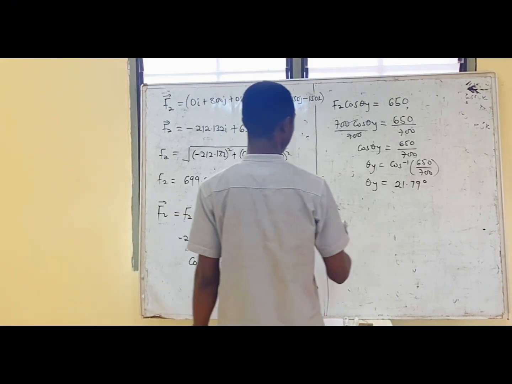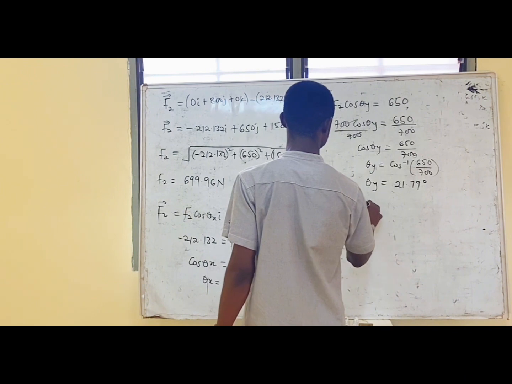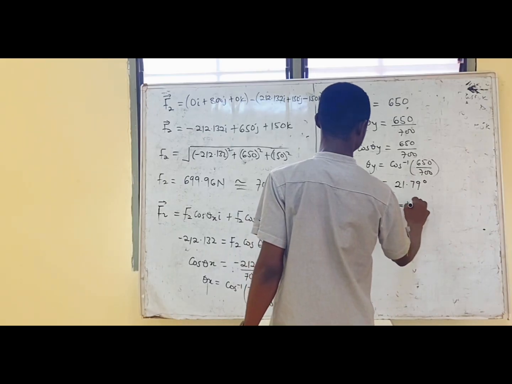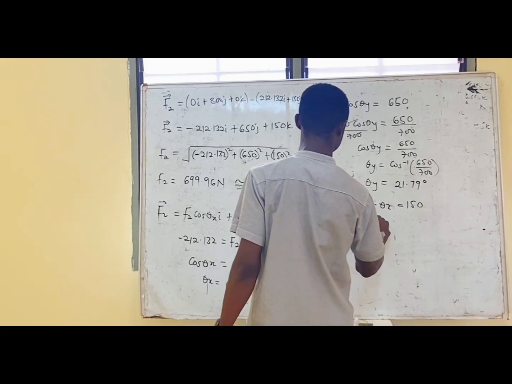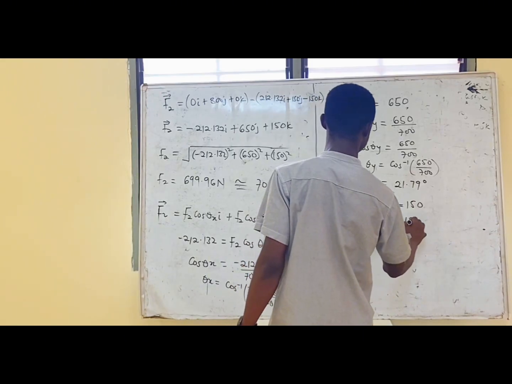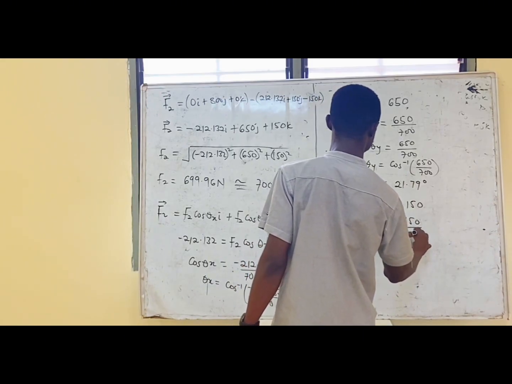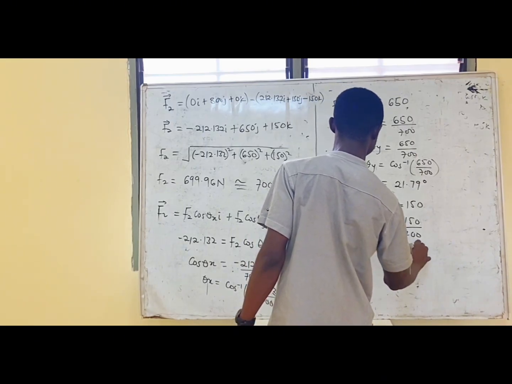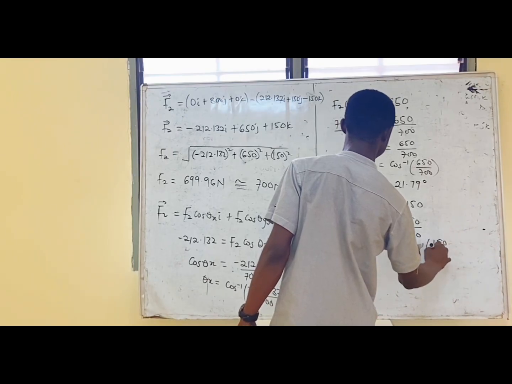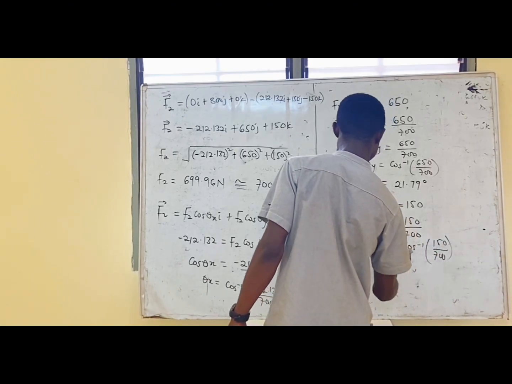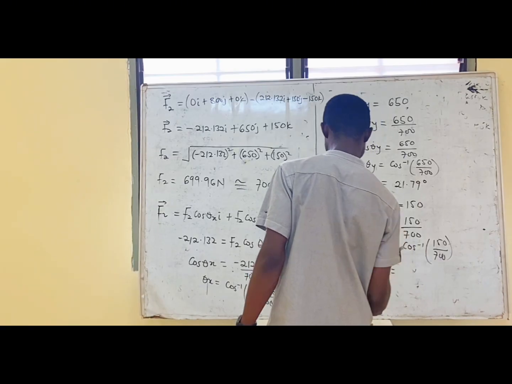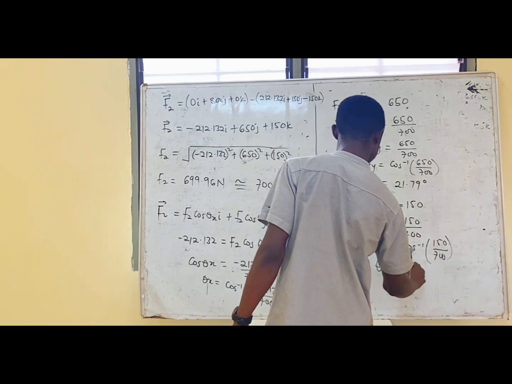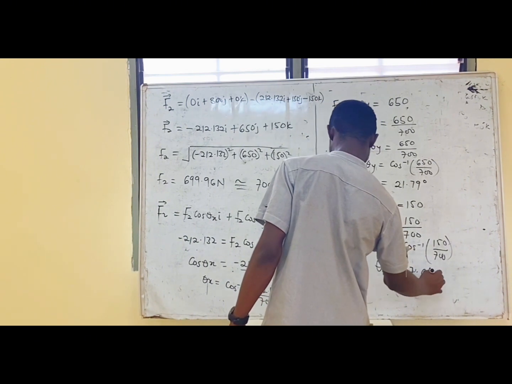So let's solve for our theta z. Comparing again, we'll get 700 cos theta z, which will be equal to 150. So cos theta z will be equal to 150 divided by 700. Theta z will be equal to cos inverse of 150 over 700, and our theta z will be equal to 77.6 degrees.